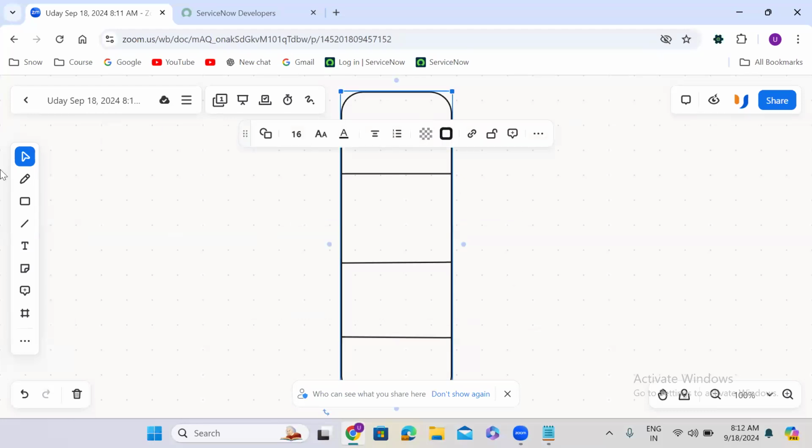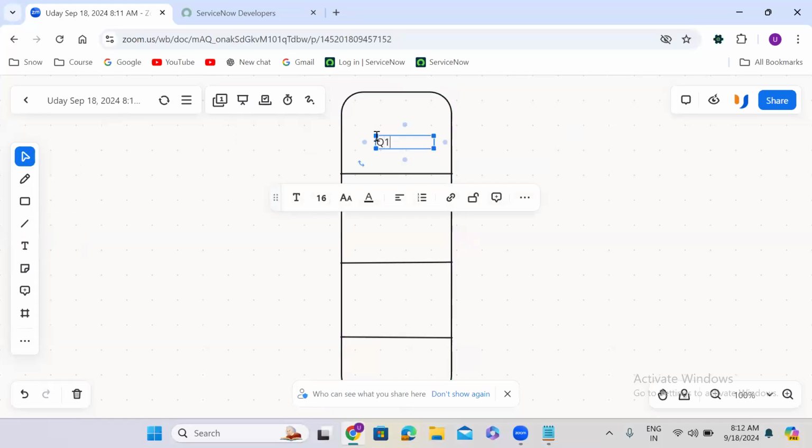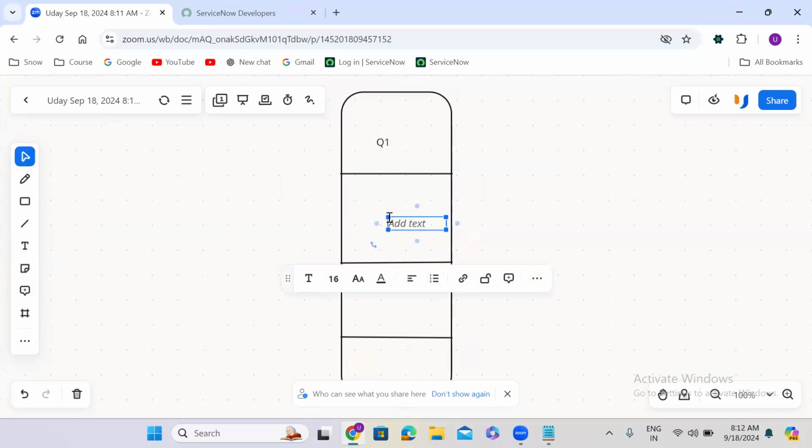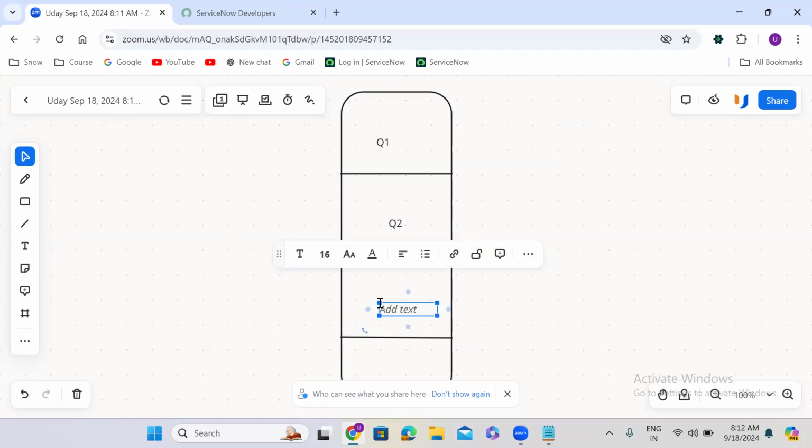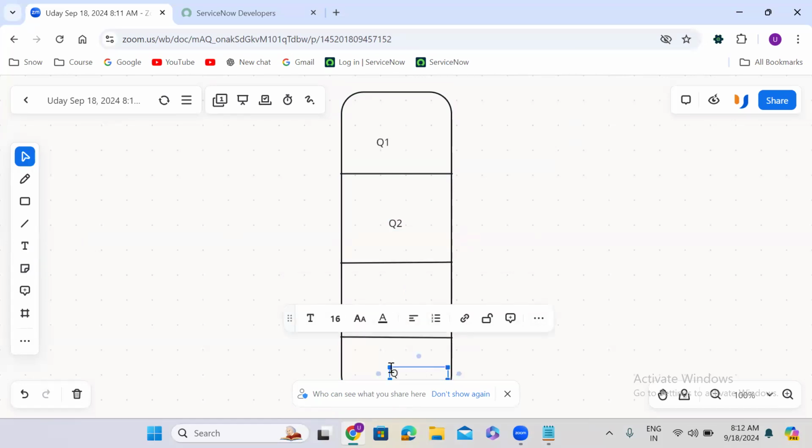This is quarter 1, Q1, Q2, Q3, Q4. You will divide a year into 4 quarters, guys.